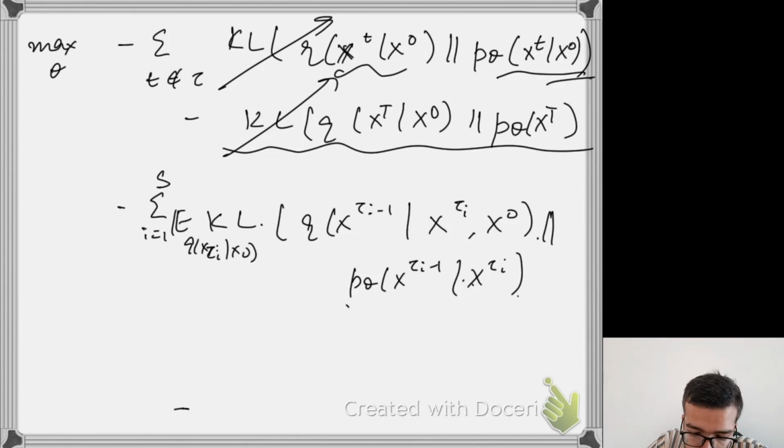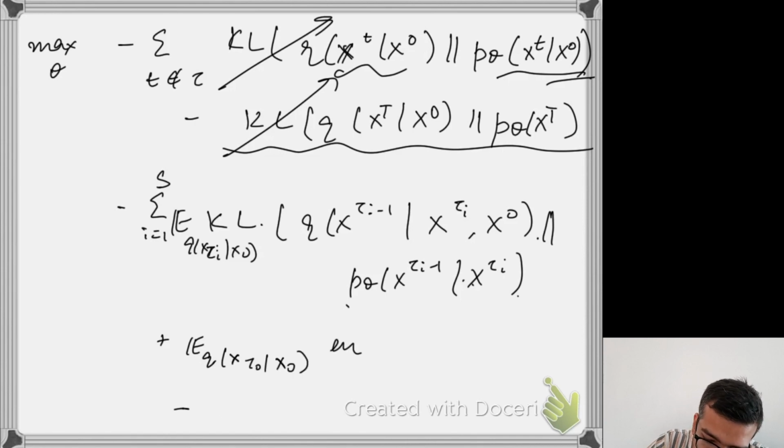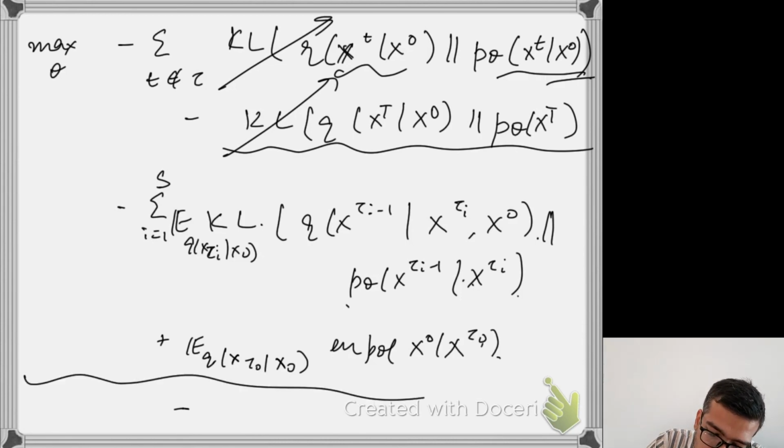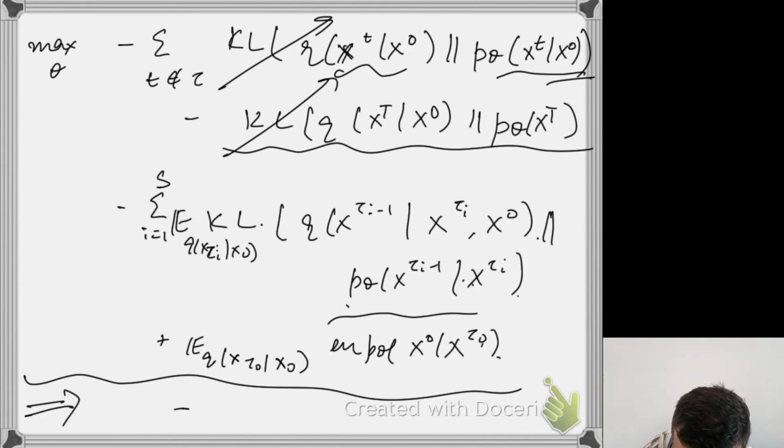And then there is this term, the expectation over x tau naught given x naught of log p theta of x naught given x tau naught. Okay, so just verify: model p theta appropriately and then show that this gives the same objective function. This is homework 3.